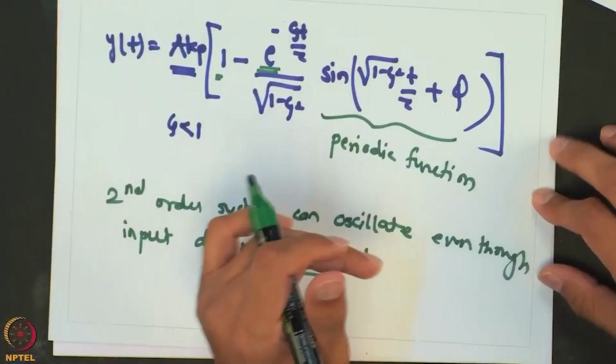So, when zeta is less than 1, even though we have made a step change, the output is going to oscillate.